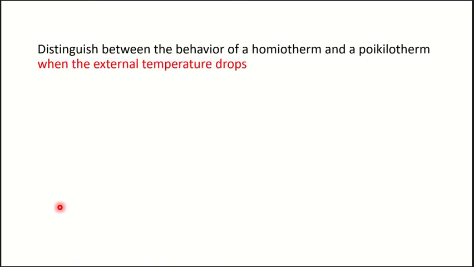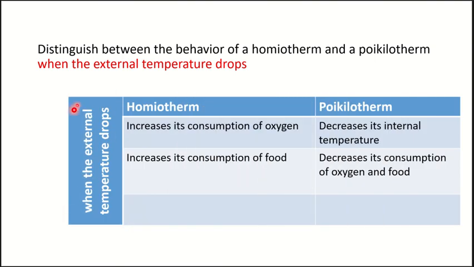Now, as a summary, let's distinguish between the behavior of a homeotherm and a poikilotherm when the external temperature drops. When the external temperature drops, the homeotherm increases its consumption of oxygen as well as its consumption of food.